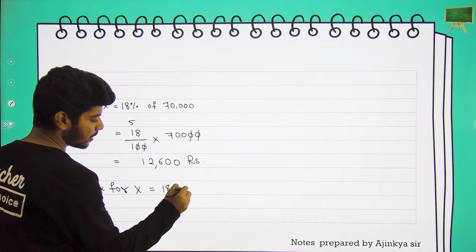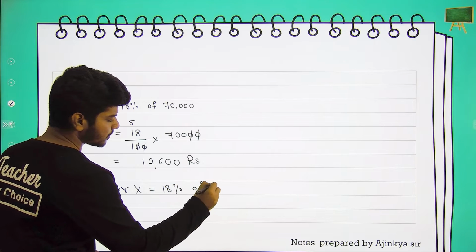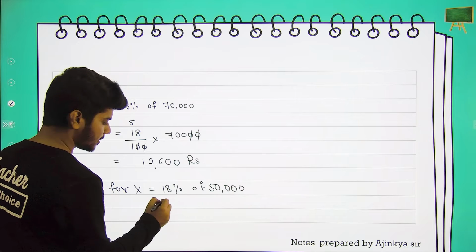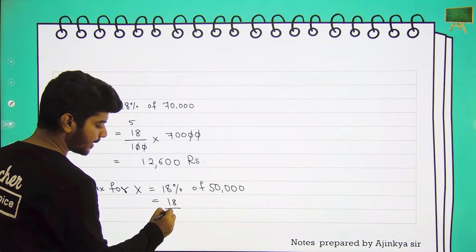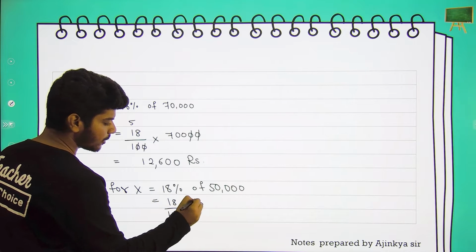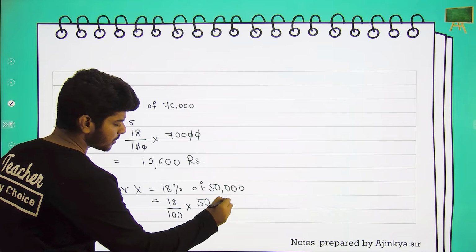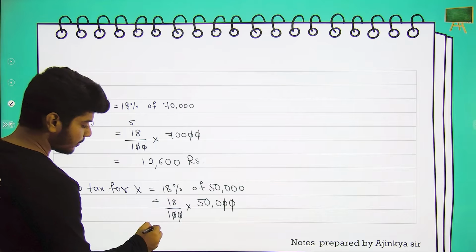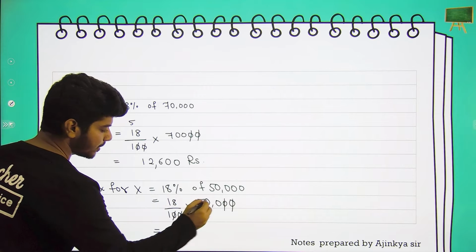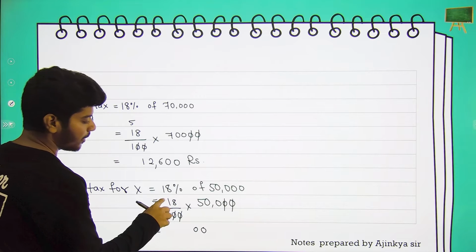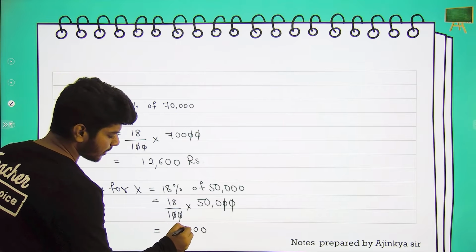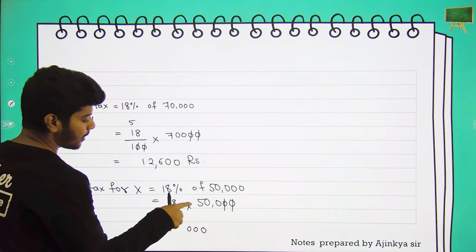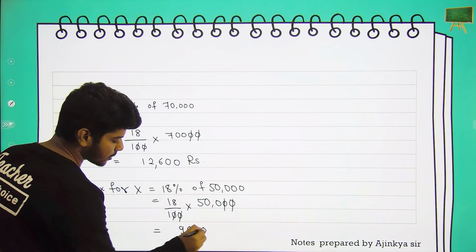Common sense. So 18 divided by 100 into 50,000. Zeros cancel. 18 into 50, 5 8s are 40, 4 carry, 5 1s are 5 plus 4, 9, so 9,000 rupees.